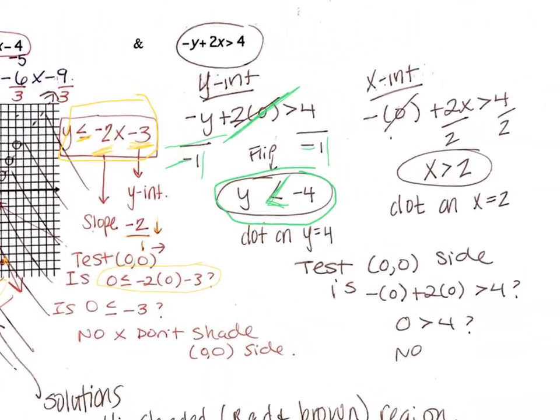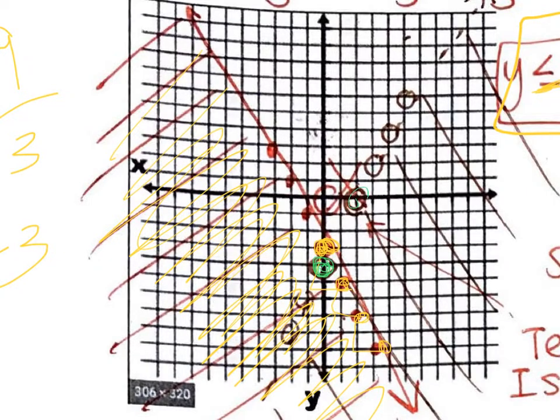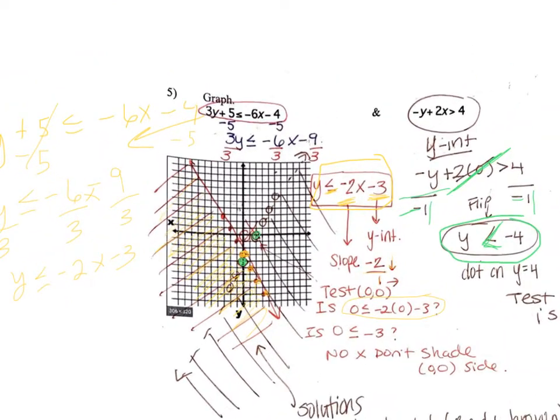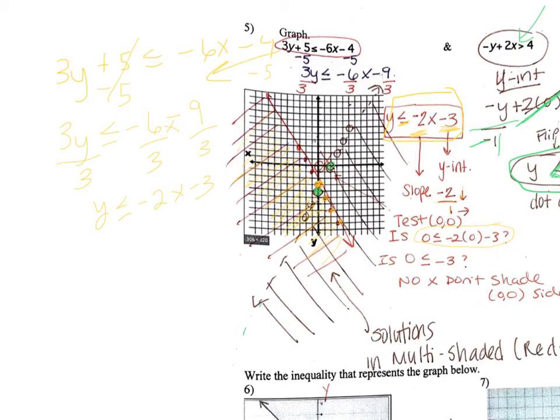And then when we solve for the x-intercept, we insert 0 for y, divide by 2, and we get x greater than 2. So on the x-axis, we do a dot on 2. So see, I'm going over the brown in green. And we look at the symbol. Because of this symbol, we know it's dotted. So notice this brown line, and going back over it in green, is dotted.